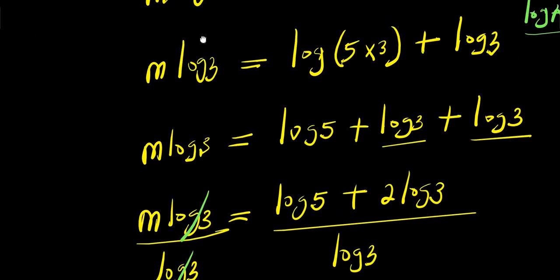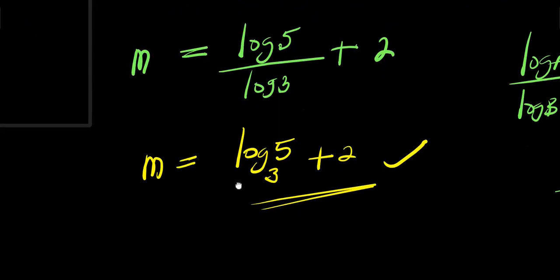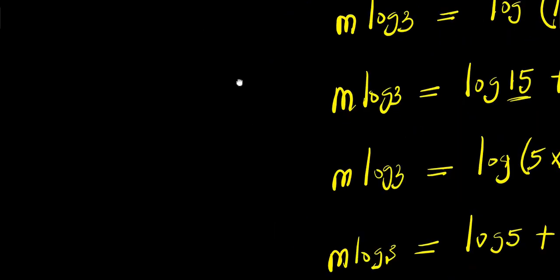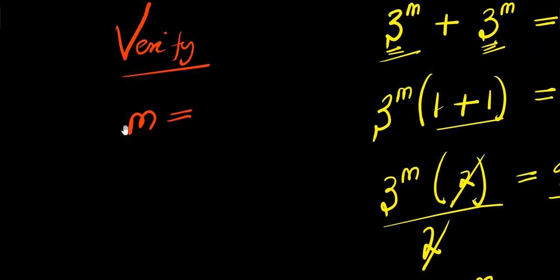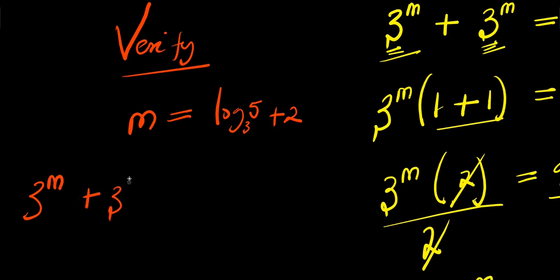What is our m again? This is log 5 to the base of 3 plus 2. And this is 3 power m plus 3 power m equals 90.